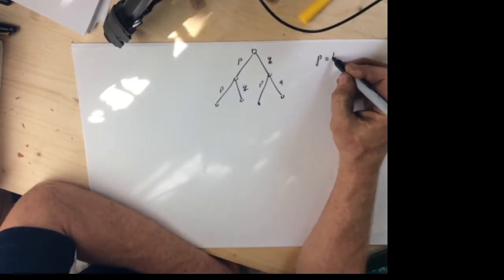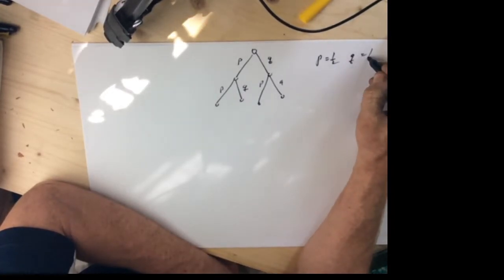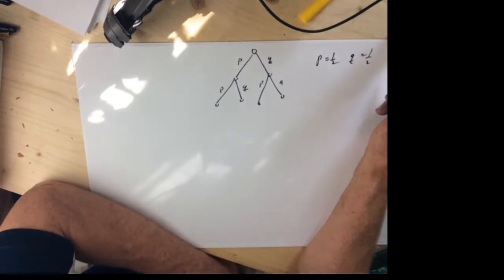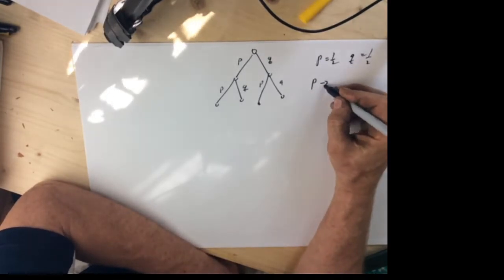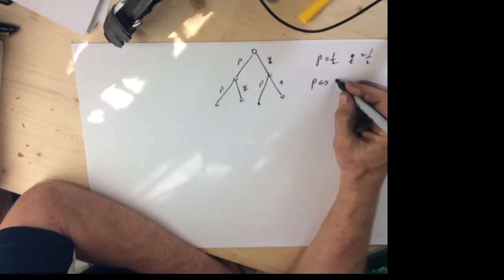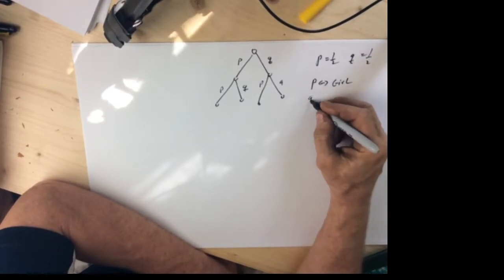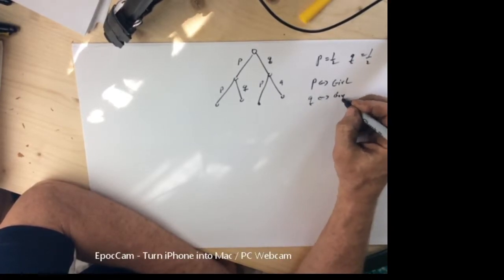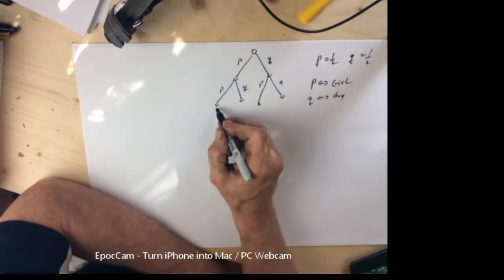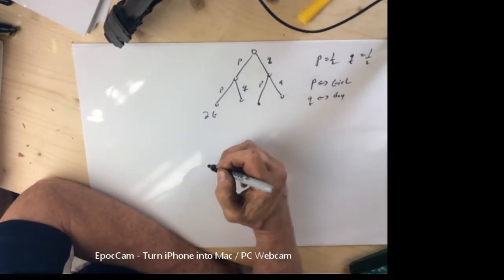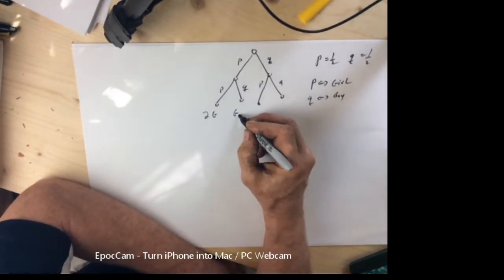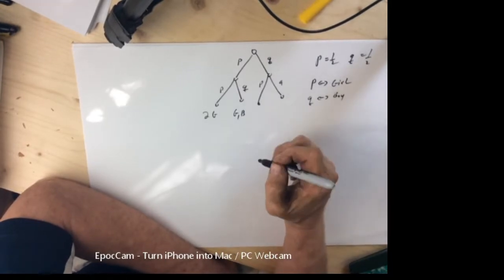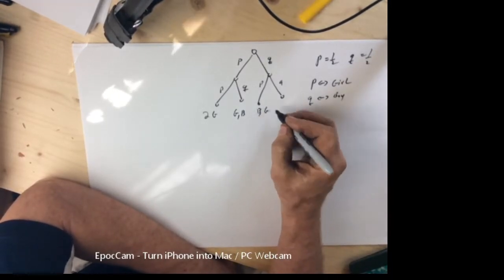Let's suppose that p equals 1/2, q equals 1/2, and p is associated with having a girl, and q is associated with having a boy. So this here says it's two girls. This here says a girl followed by a boy. This here says it's a boy followed by a girl.